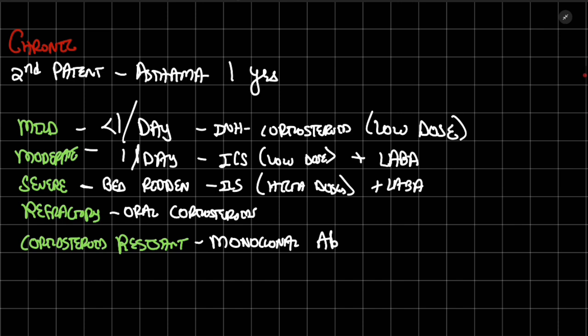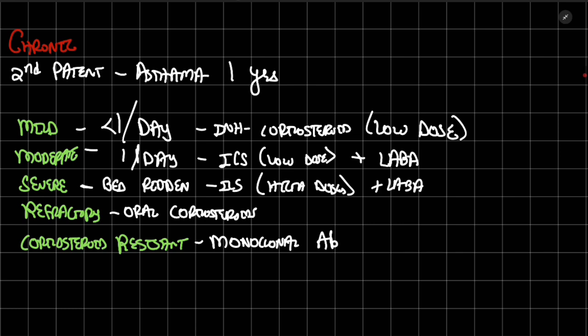In severe, with more than 1 attack per day and a bedridden patient, we give inhalational corticosteroid in high doses plus a LABA. In refractory, we give inhalational corticosteroid and oral corticosteroid. And in corticosteroid resistant, we give monoclonal antibody.